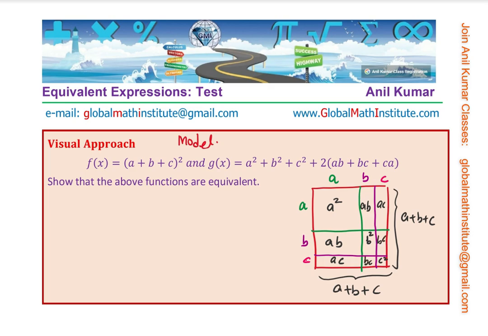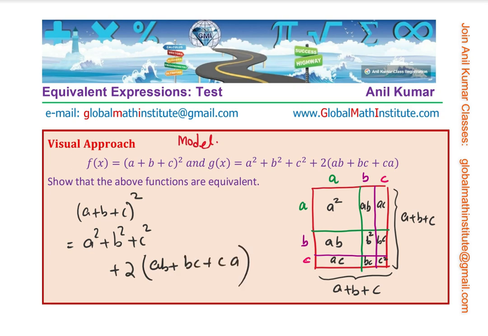So you do prove that (a plus b plus c) whole square is indeed equal to the sum of their squares, plus twice the product of individuals, ab plus bc plus ca. You get the idea. Very important formula, and many questions are based on this for expansion and simplification. That is why I've taken this example here.